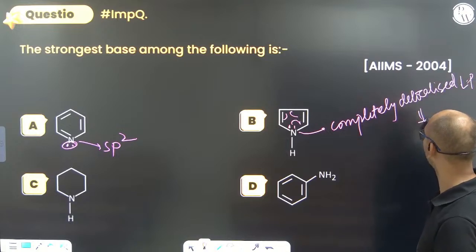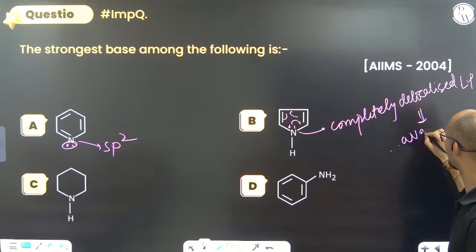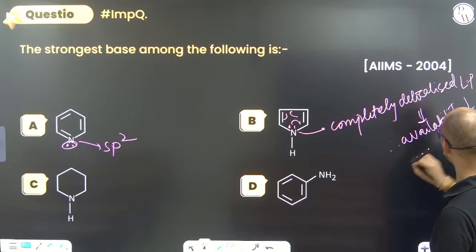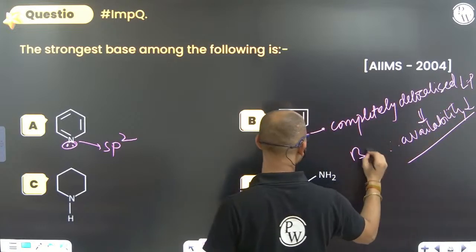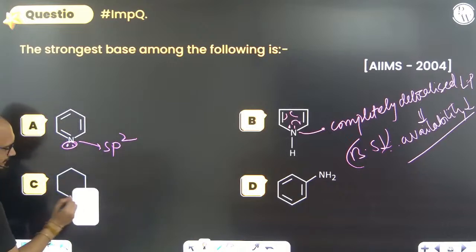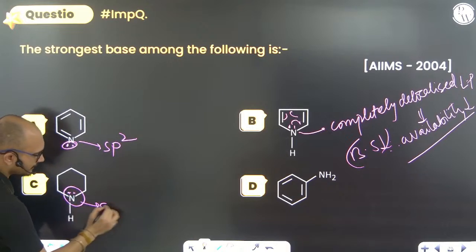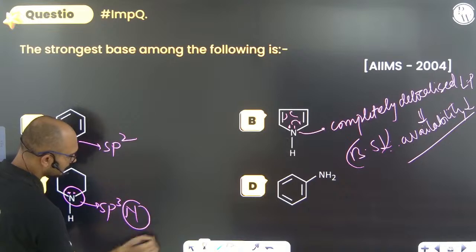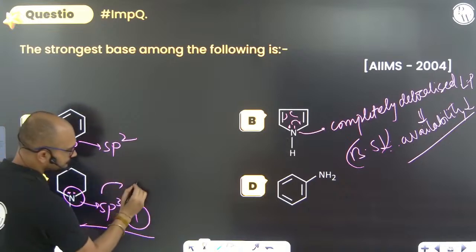If it is, so therefore availability is very less. So basic strength is very less. Here let's talk about this. यहाँ पे क्या आपको दिख रहा है? It is nothing but it is sp3 amines, and anyways it is aliphatic.